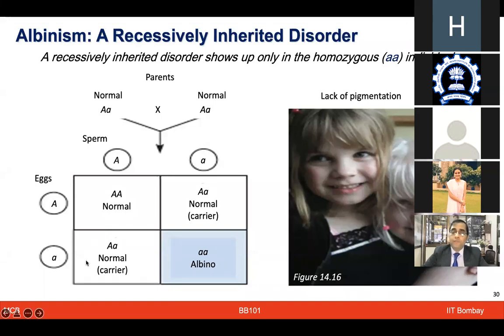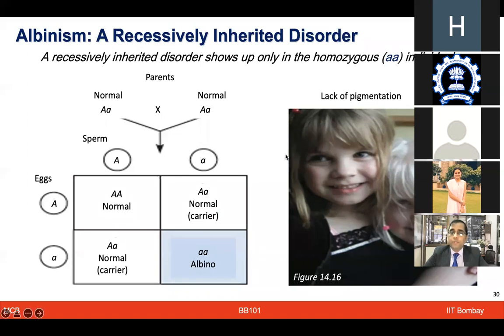But it does not mean that if all 4 children show up, only one of them will show the albino trait. Now, you can rephrase your question based on this idea. So in case there are 4 children from different pregnancies, then the probability of one being albino is much less than 25%, right? Is not 25% or even close to it, right?